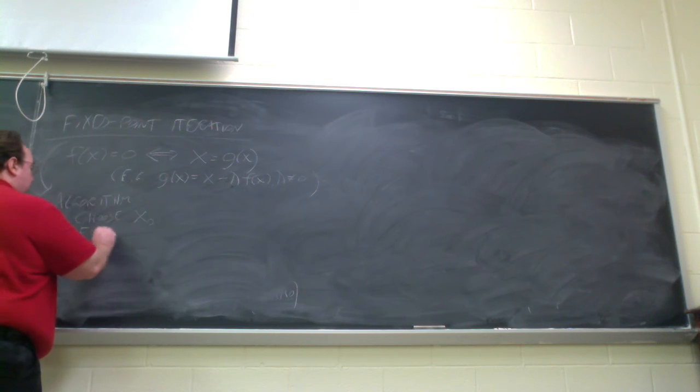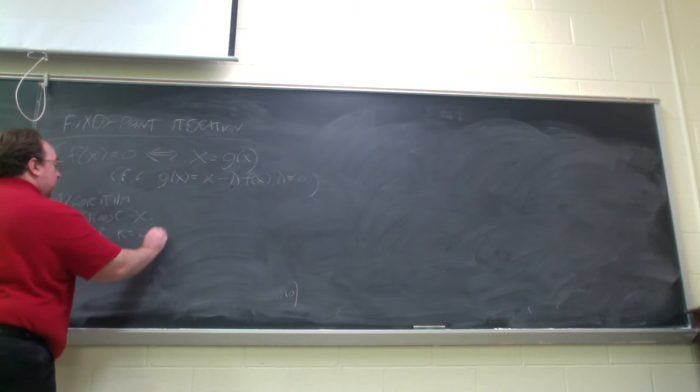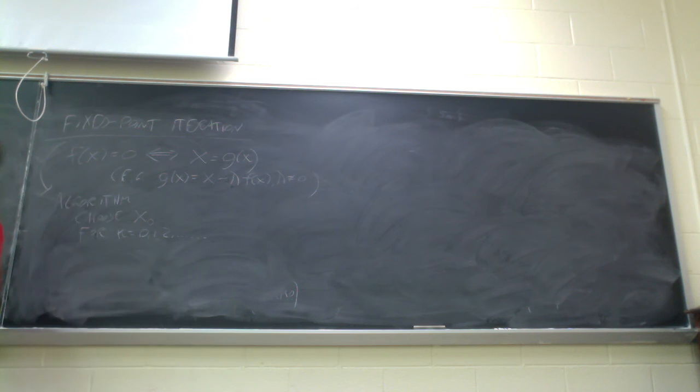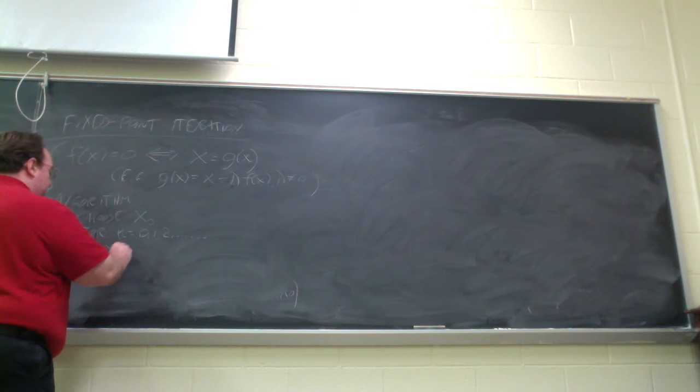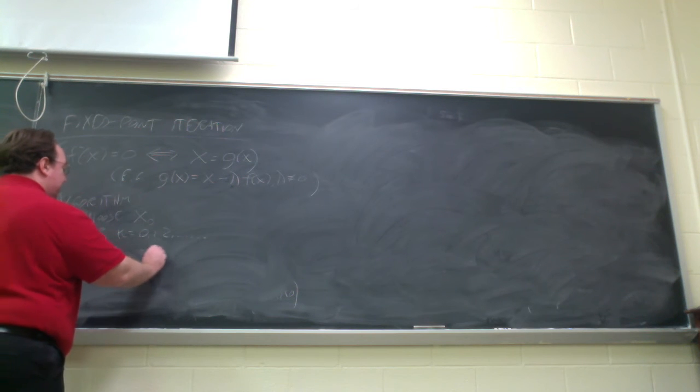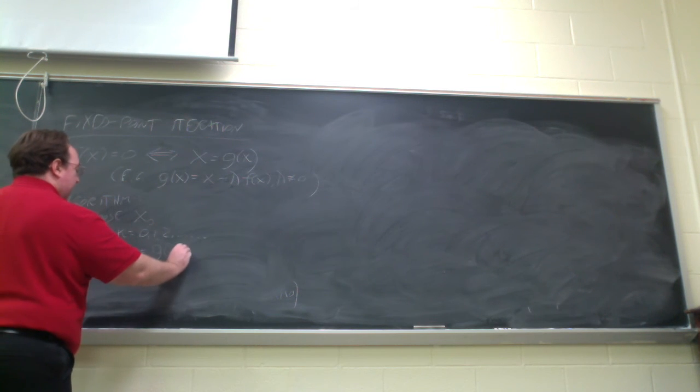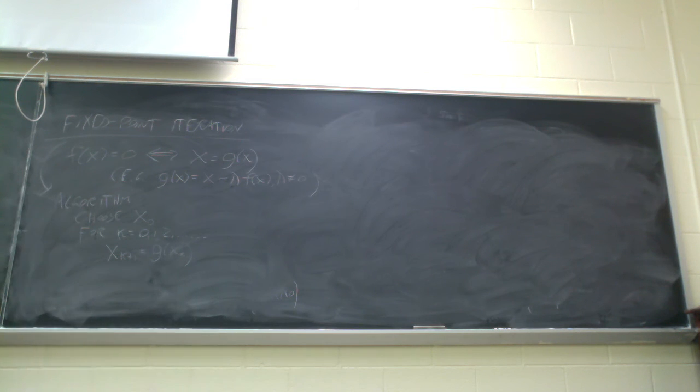And then, actually, I'm going to check my notation. Okay, I do use the letter k for this. So during each iteration, what you do is very simple. Your new x is simply g evaluated at the old x. So it's successive substitution. You just keep plugging in again and again.